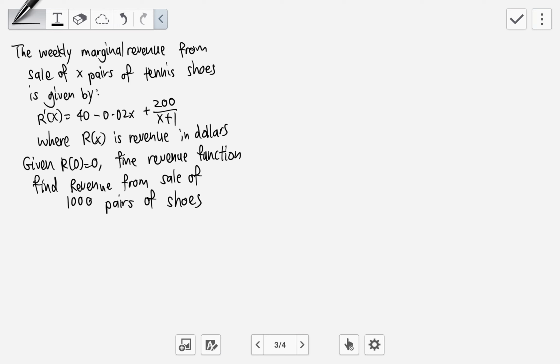So to do this, we must make use of integration, because to find R(x) from R prime x, I need to integrate R prime x dx.